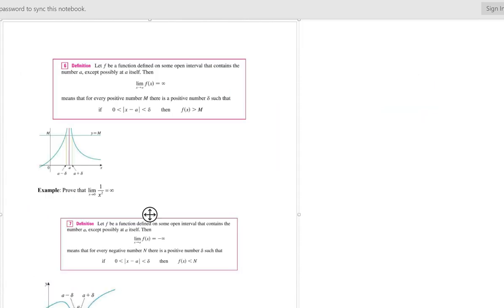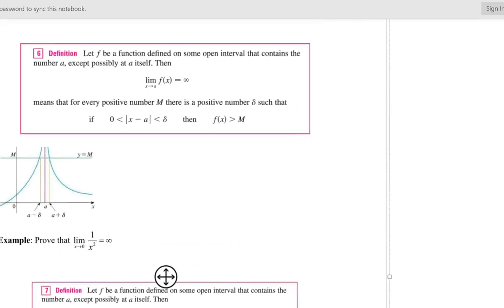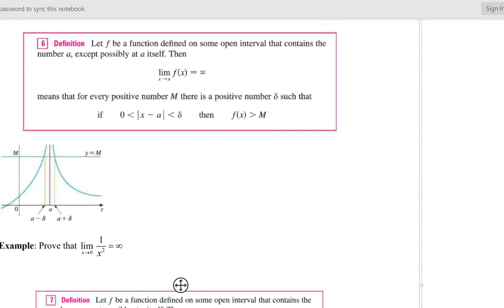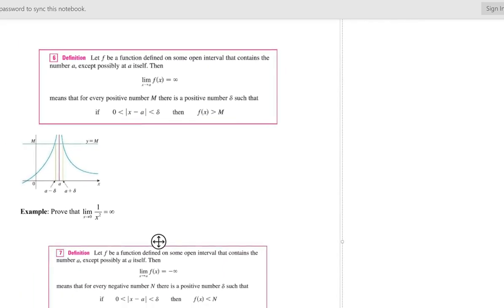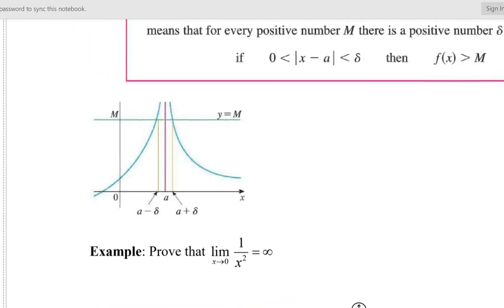So now what I want to cover is infinite limits, and this will just be the last thing, okay? So take a second to read this, so stop the video and read this definition, and I'll explain it to you. So what's basically happening here is we have a graph that is going off to infinity, okay?